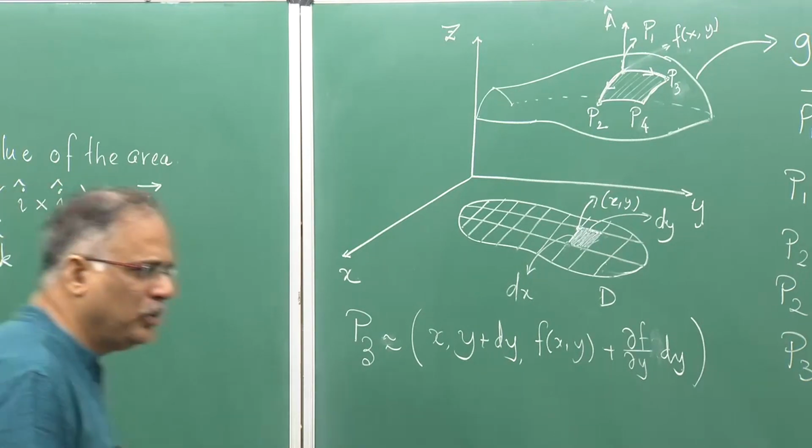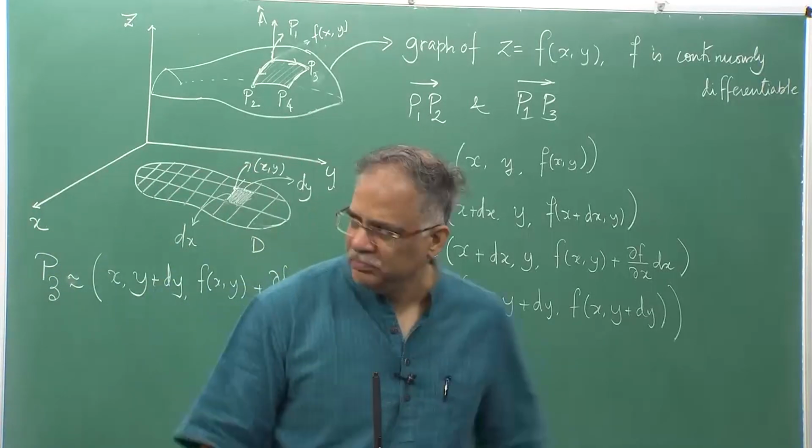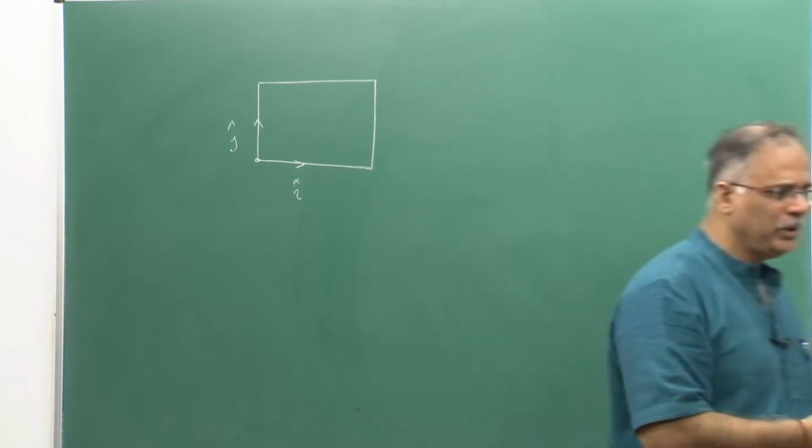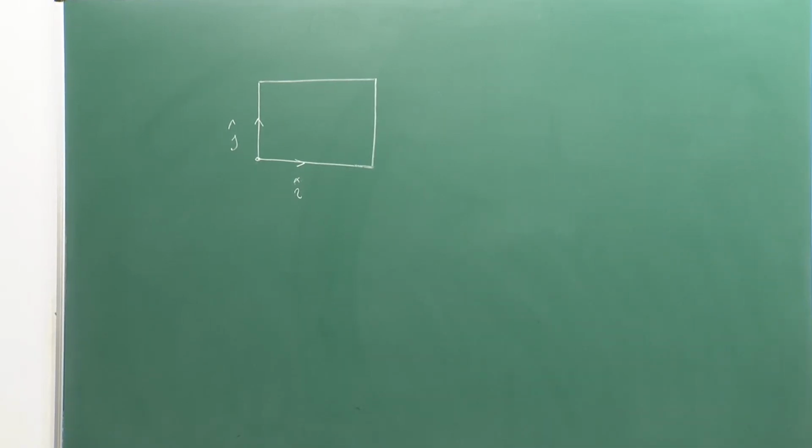Now let me come to this side and look at the vectors. I will just rub this part, I am sure that you have copied it out, or you can rerun the video. So now I will look at these vectors P1, P2.